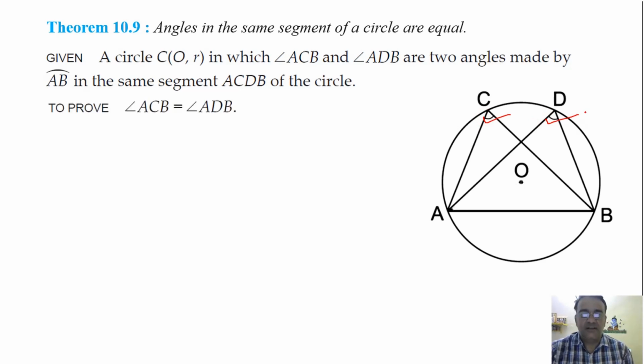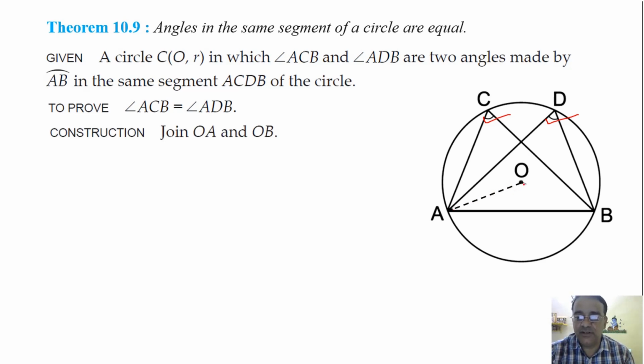Okay, right? So we'll do one construction. We'll join OA and OB. Now just now we have studied that the angle subtended by an arc at the center is double the angle at any point on the remaining part of the circle. So that means angle AOB is 2 times angle ACB.